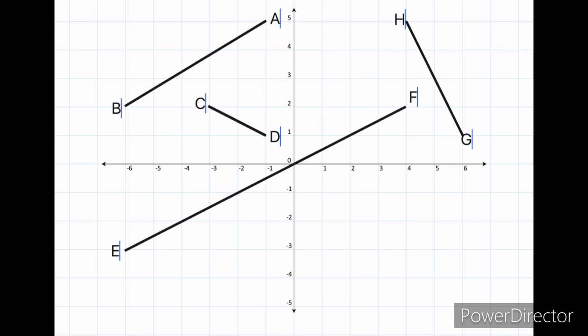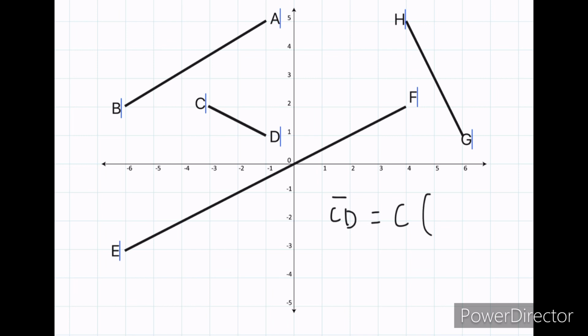Let's say we need to find the midpoint of C and D. The first thing we need to do is identify the coordinates of C. So what are the coordinates of C?